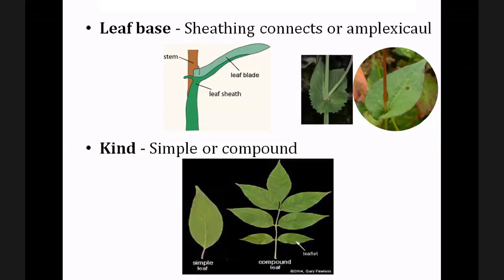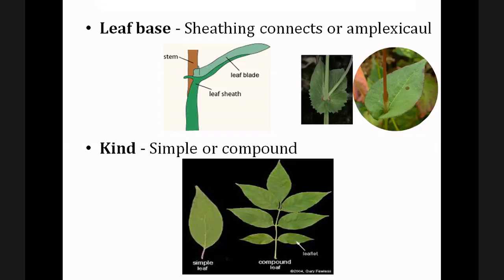They can cover, without stipule, they are attached directly and covering the stem.